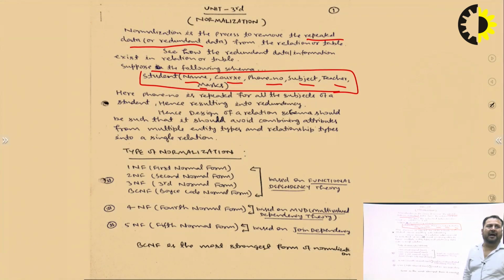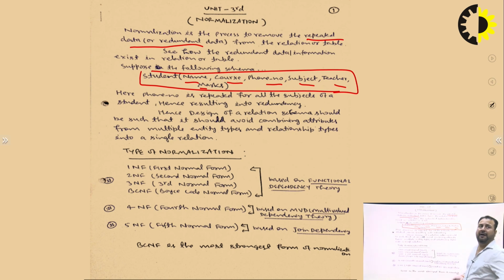If we create this table combining many attributes in a single relation, we will see that there could be more repeated data.